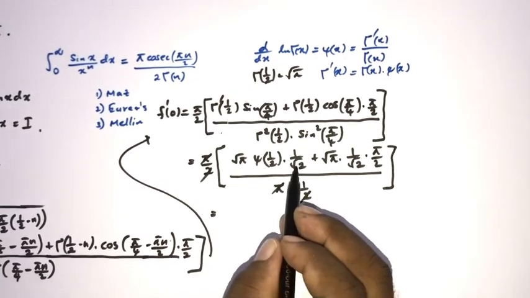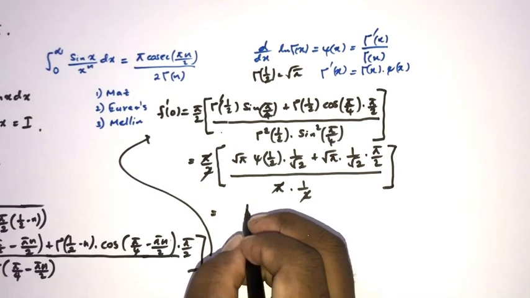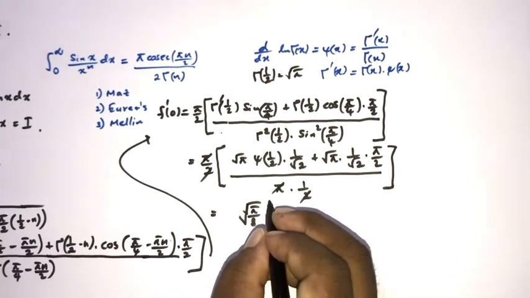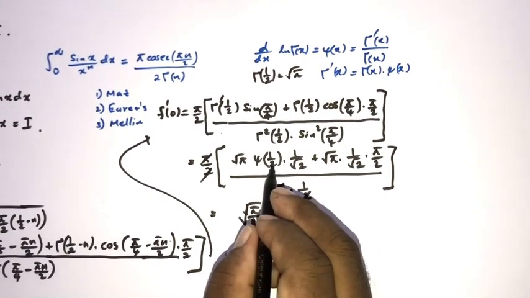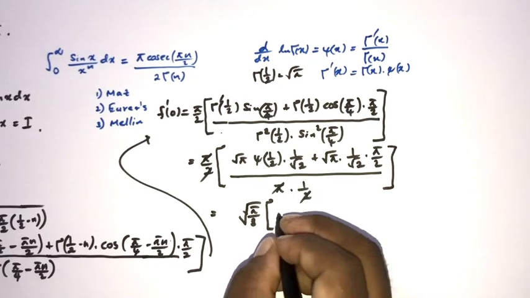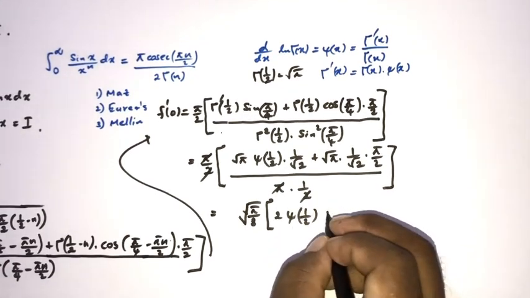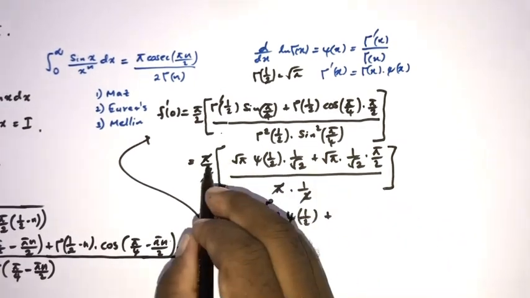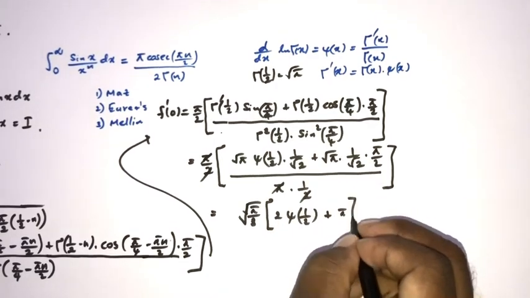So we can take square root of pi over 8 as a common factor, leaving 2 times digamma of 1/2 plus pi.